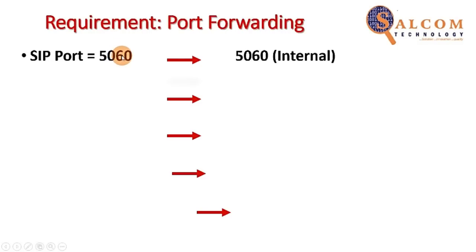So this port has to be configured on your router to transfer any traffic, any request from this port, and then open that port on the router. The router will now forward the request to the 5060 on the internal, which is the IPBX server locally.